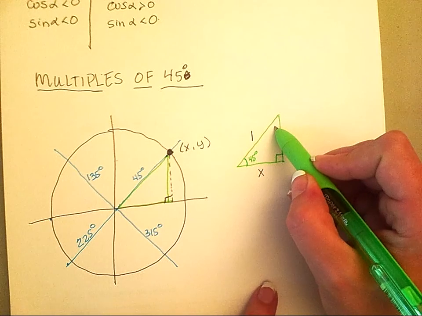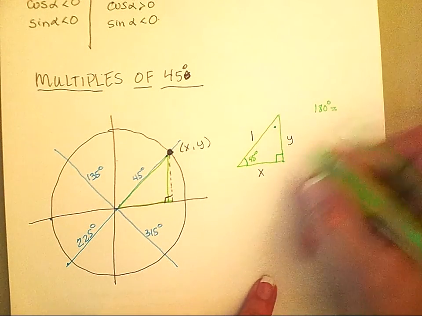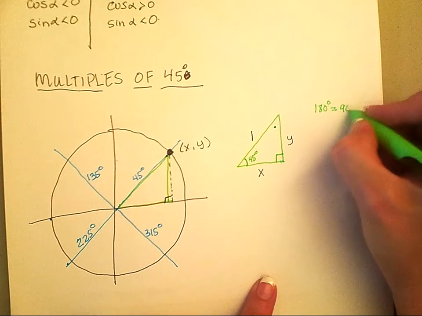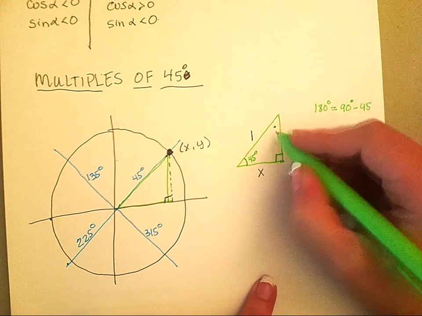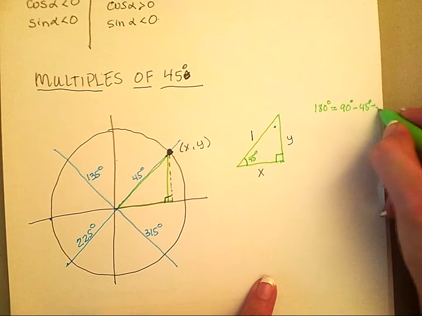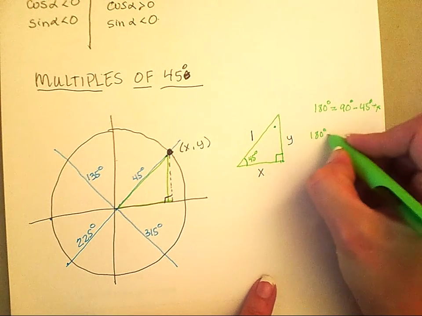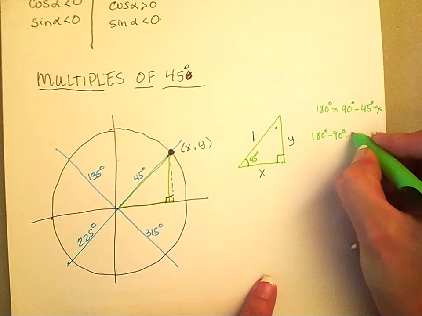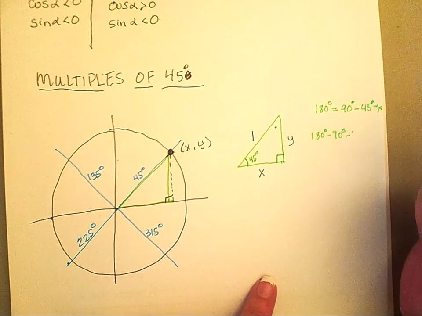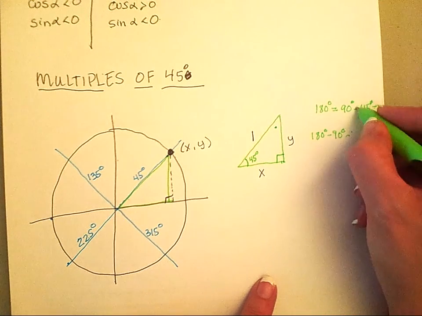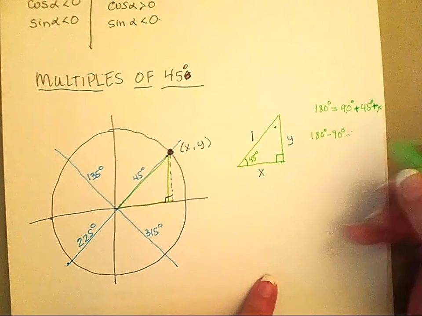How do we know that? Well, in a triangle, the sum of the angles has to be 180 degrees. If this one's 90, and if this one's 45, then say we didn't know this one, call it x. So x would be equal to 180 minus, this is a plus sign here, 90 plus 45 plus x.